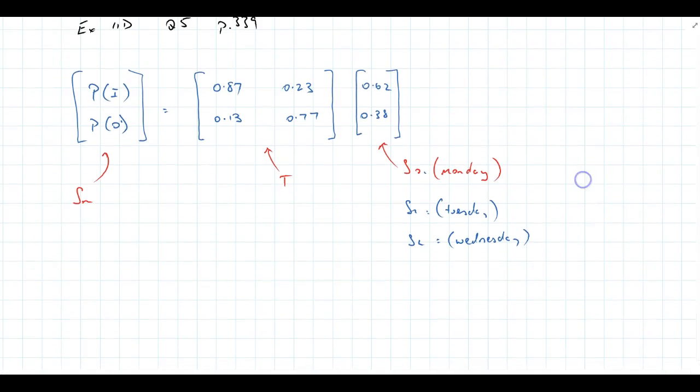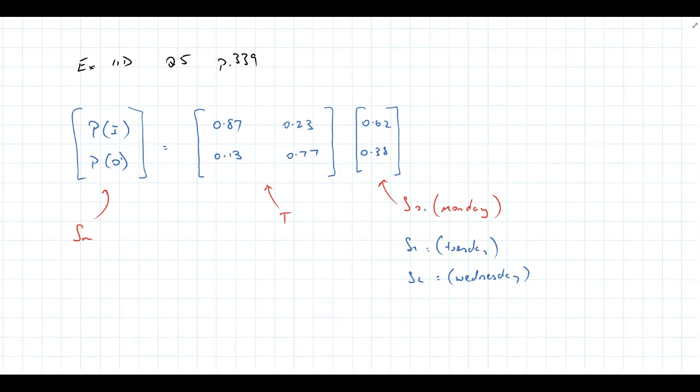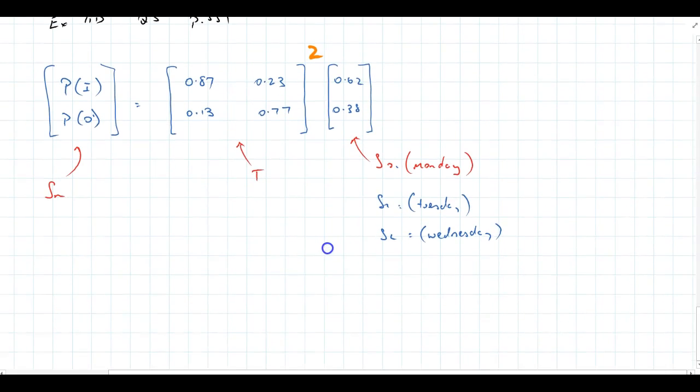So that means that we're going to raise this to the power of 2. It's going to be the power of 2 because this is going to be S2. So into our calculators goes 0.87, 0.23, 0.13, 0.77 to the power of 2 times 0.62, 0.38.